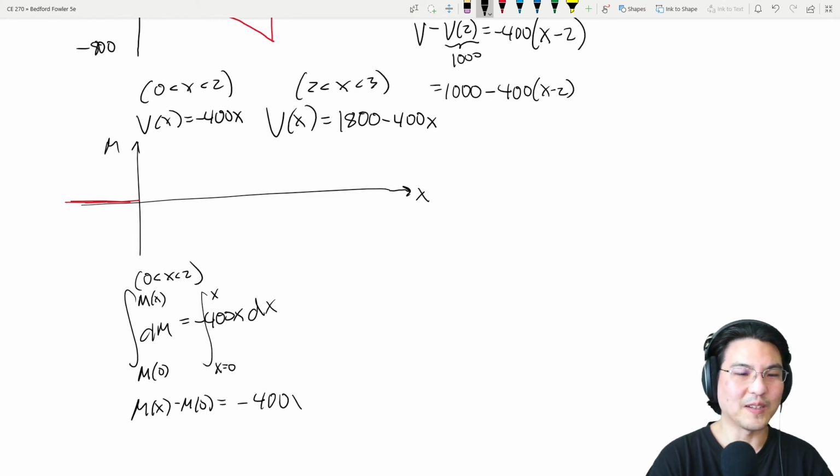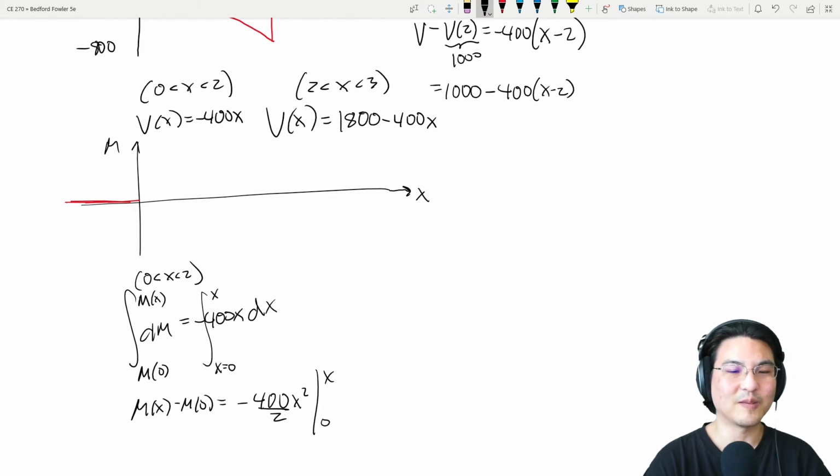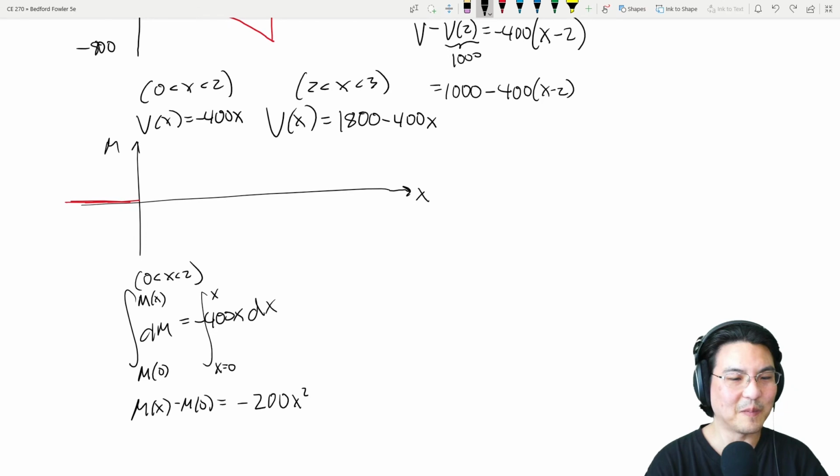Minus 400x squared over 2 from 0 to x, which means this is like this, and this is 0, right? Okay, so here we go. I'll just write it right over here.